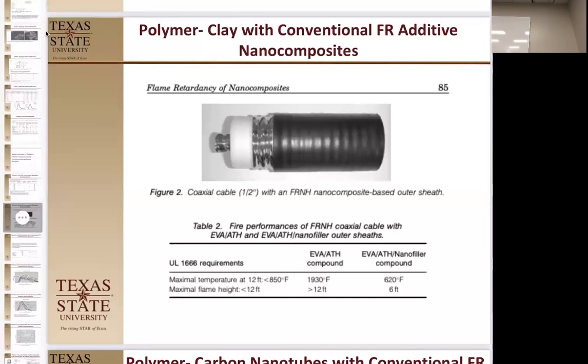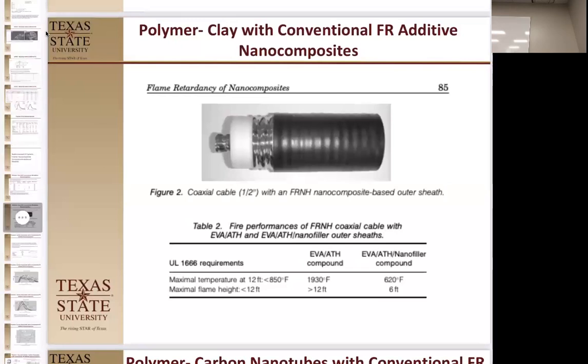Okay, complete fail. Now, by adding the same amount of this and the nanofiller, which is the mixture of carbon nanotubes and the clay, the max temperature it got to at the top of that cable was 620 degrees F, and it self-extinguished at 6 feet.